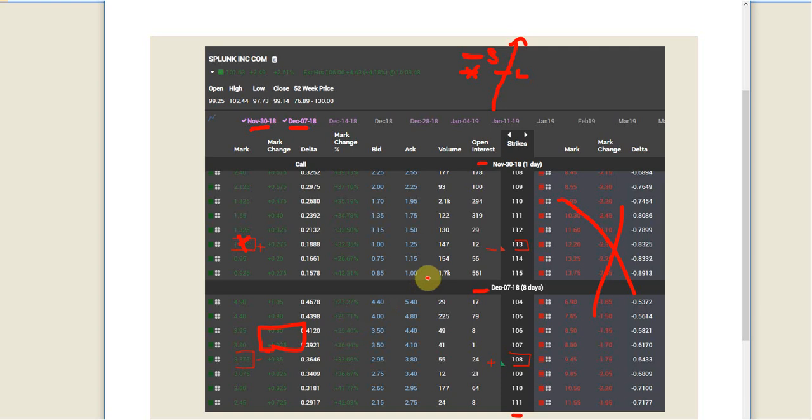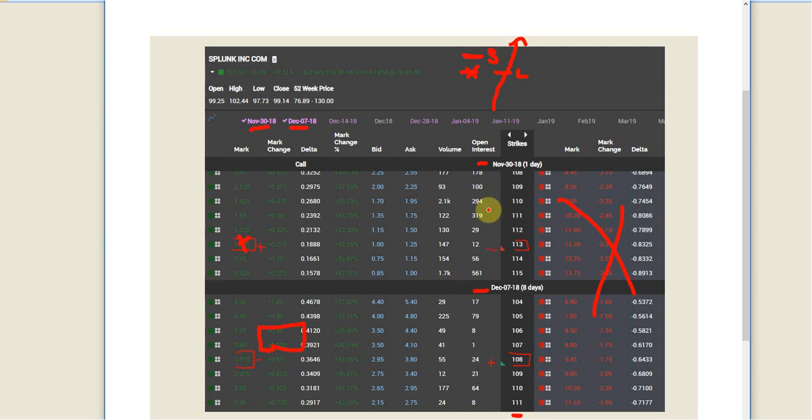Or if it continues on higher, I choose to hold it, roll out of it, and do all kinds of other spreads thereafter. Or buy the stock like I said I would want to buy. If it goes to 115, I'd exercise my right to buy it at 108 and hold it, for example, and then start selling calls against it. But the point of this video is to explain the difference between a regular debit spread, calls or puts.